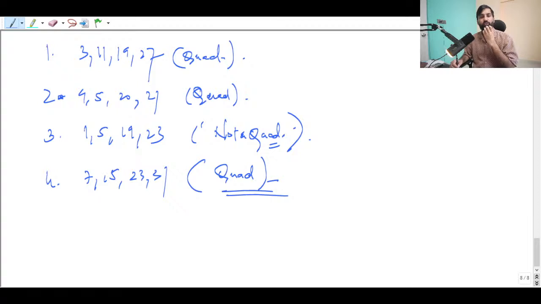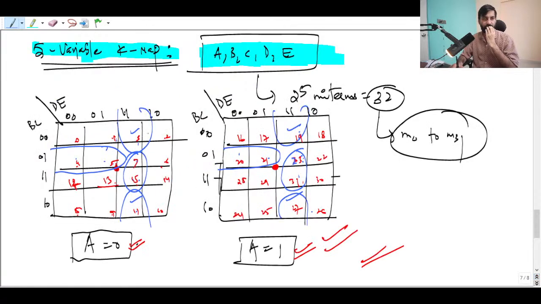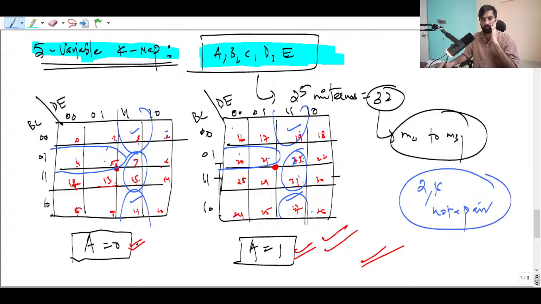And if someone is going to ask you 2 and 16, are they a pair? This is 2 and this is 16. They are not a pair, remember. 2 and 16, not a pair. Never combine them. Now 0 and 16, you can say 0 and 16 are a pair, right?